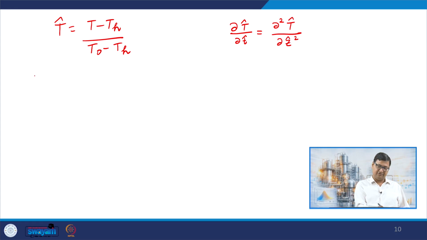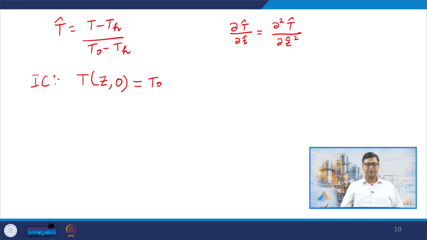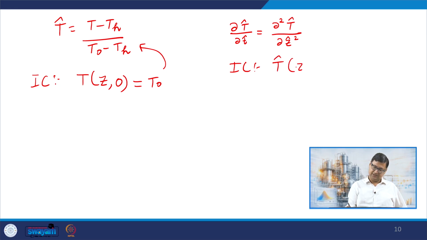Now let us look at the fate of our initial condition. In dimensional terms, it is T(z,0) is equal to T naught, and if I plug it in my definition of T cap, I will get the initial condition here as T cap(z cap, 0) is equal to 1.